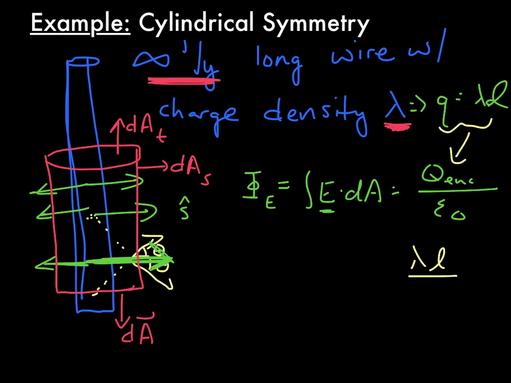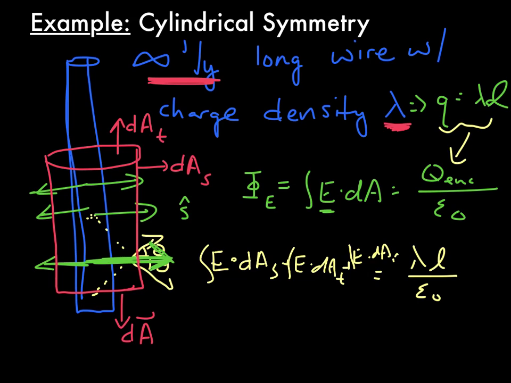Lambda times some arbitrary length over epsilon naught is equal to your electric field, E dot dA side plus E dot dA top. I'm going to have to write this plus E dot dA. Again, all these integrals, dA bottom.